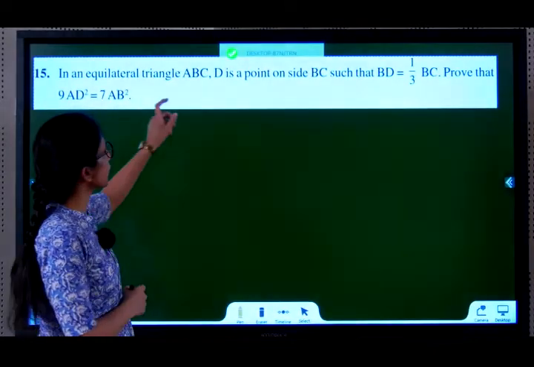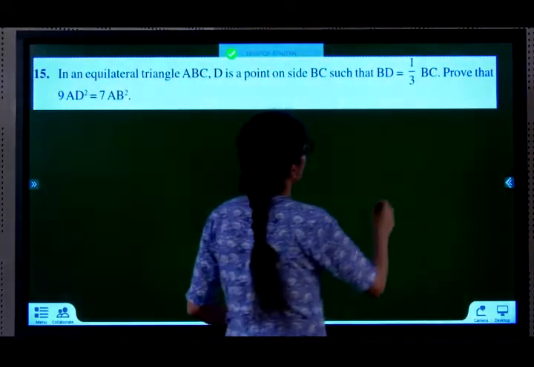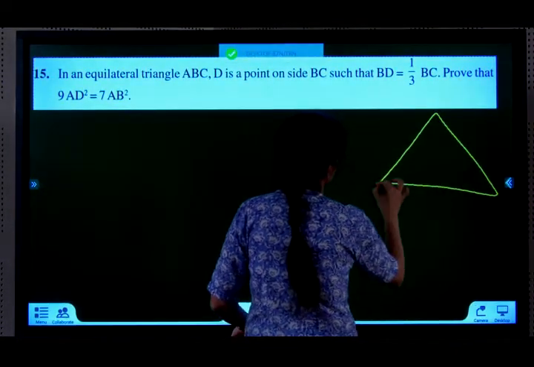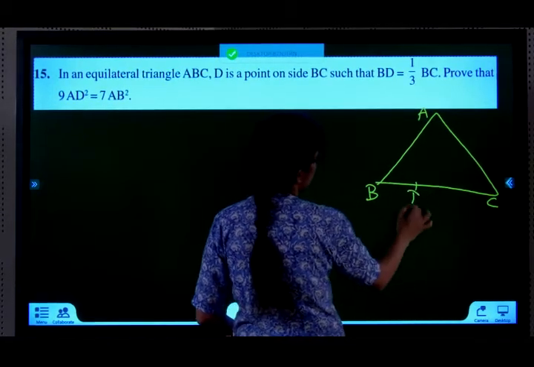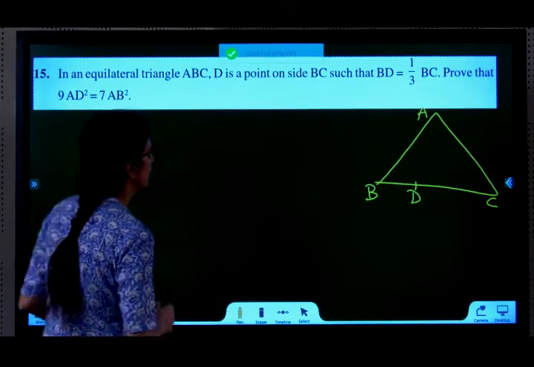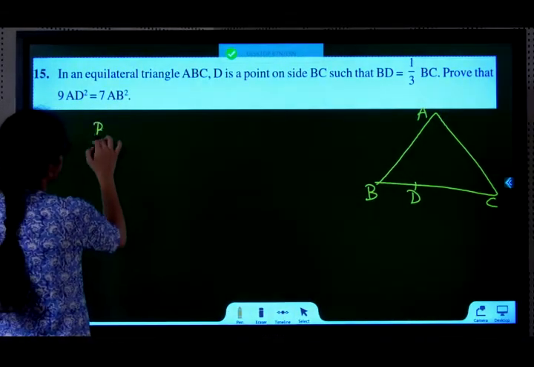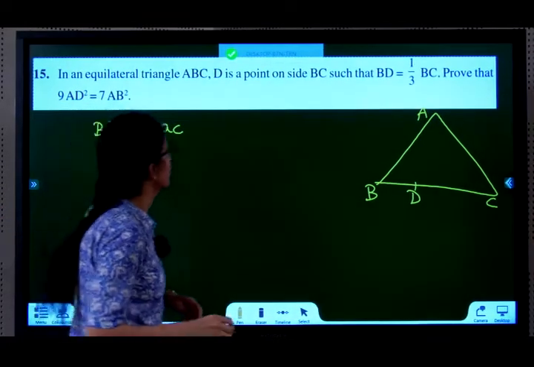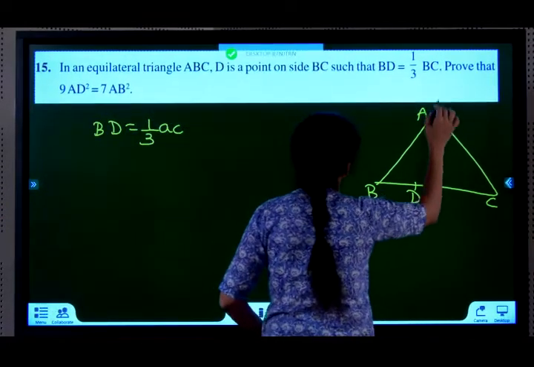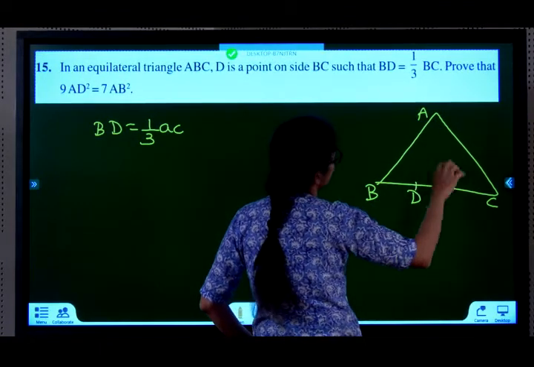In an equilateral triangle ABC, D is a point on BC such that BD is equal to 1 by 3 AC. So you have an equilateral triangle here.